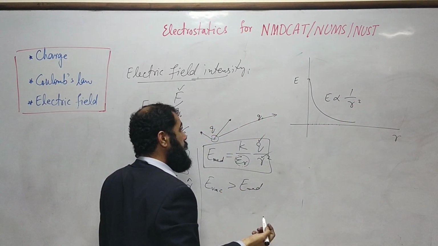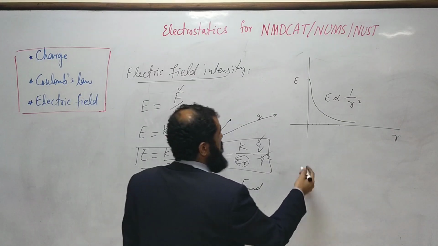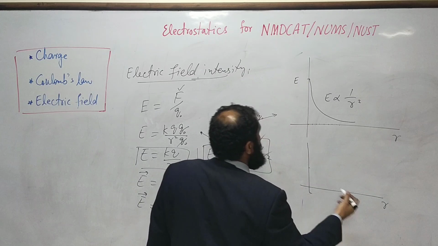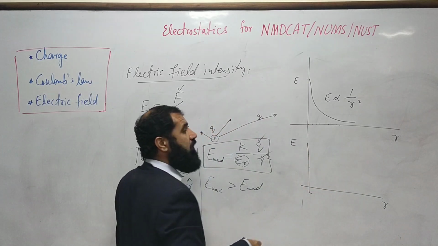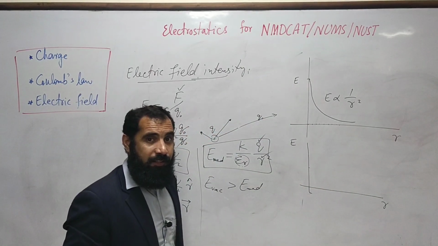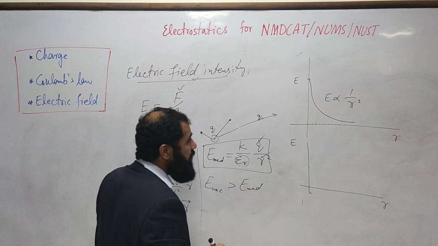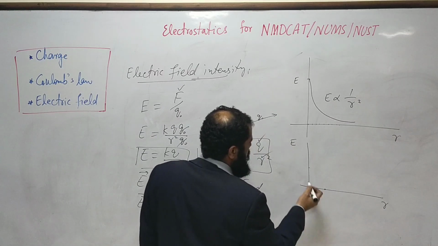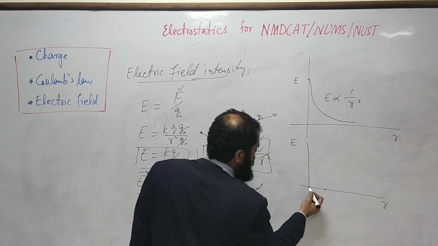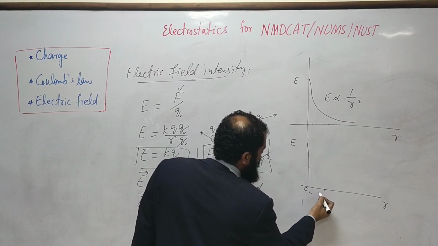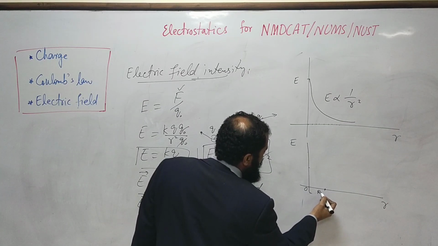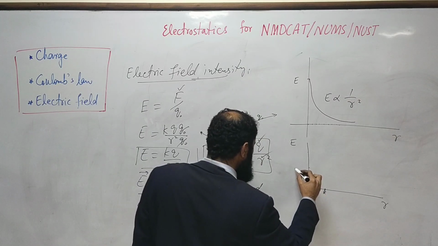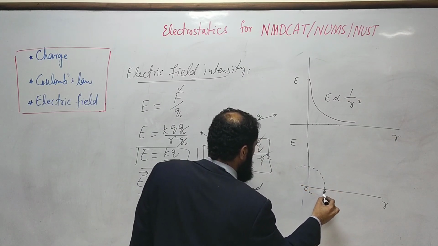And if we draw the graph between E and R for some charged conducting sphere. Now for a conducting sphere, inside that conductor the field is 0. So the electric field is 0 inside. This is the radius of that conducting sphere. Let's suppose it is like this.